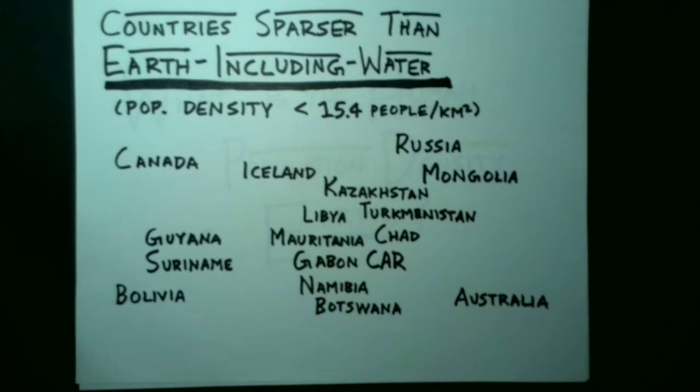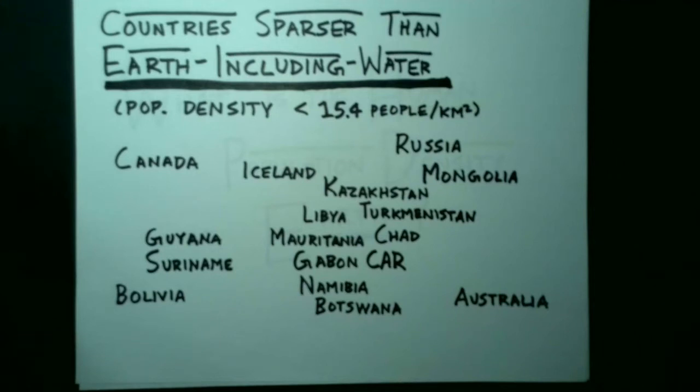These 17 countries, Canada, Guyana, Suriname, Bolivia, Iceland, Libya, Mauritania, Chad, the Central African Republic, Gabon, Namibia, Botswana, Russia, Kazakhstan, Turkmenistan, Mongolia, and Australia, have so much uninhabited space that the density of humans within those countries is less than the average human density of Earth's surface even when averaged across the oceans and Antarctica.